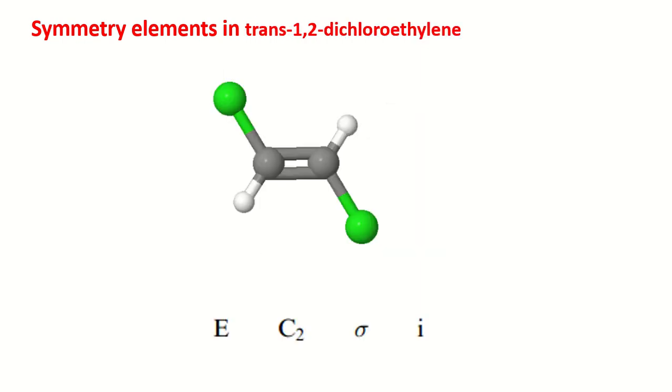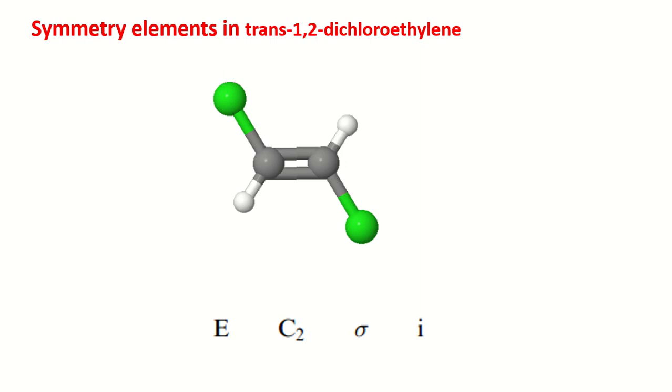So let us construct the multiplication table for these two molecules. Before constructing the multiplication table, we have to write the product of any operation that is going to be observed and written in the multiplication table. So we have to remember the products after applying a specific symmetry operation to that particular molecule.